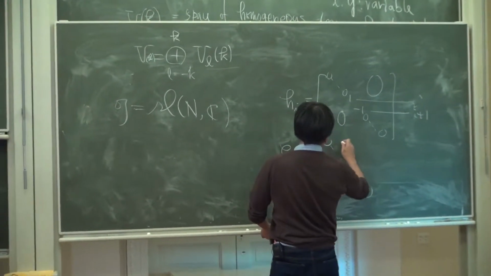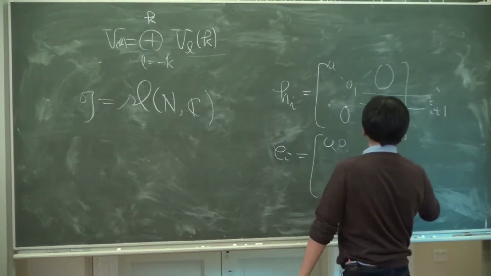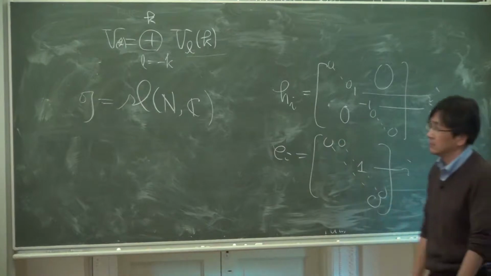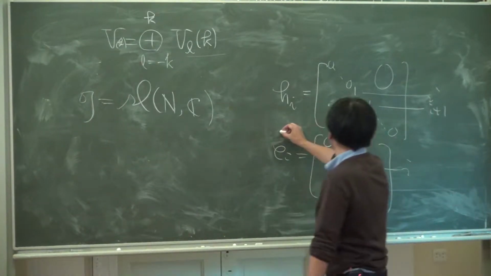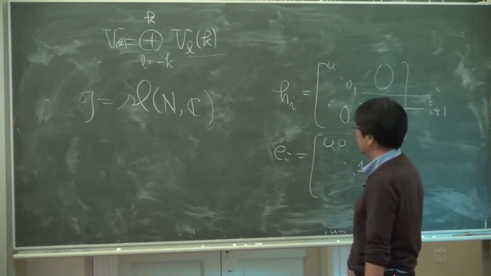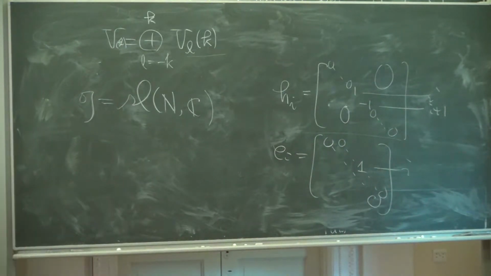This is upper triangular, but you put 1 in the i-th entry. And Fi is just lower triangular. So usually we first take H to be diagonal, and Ei and Fi to be the upper or lower triangular ones.